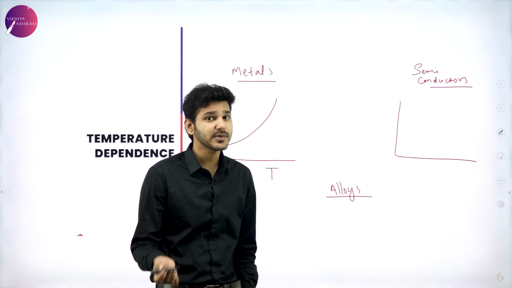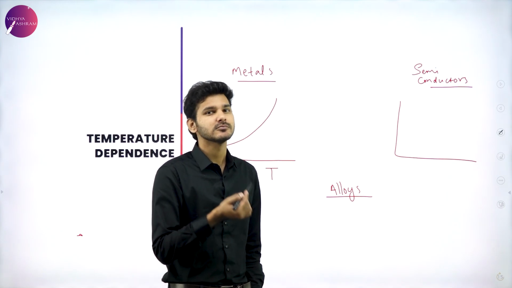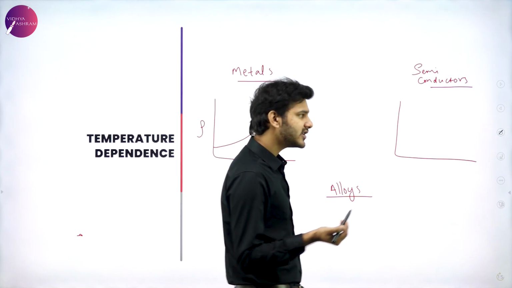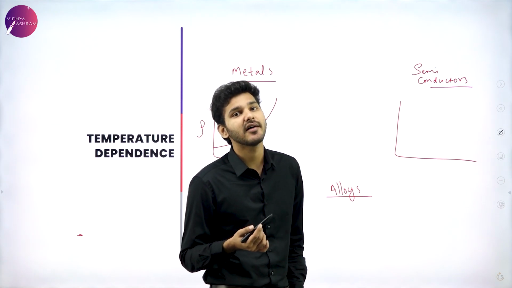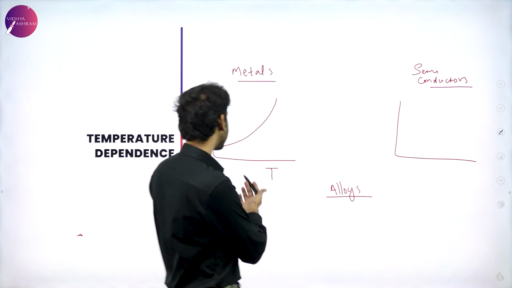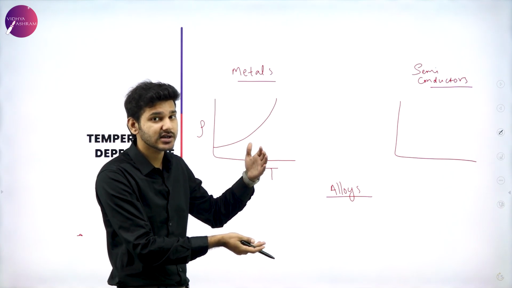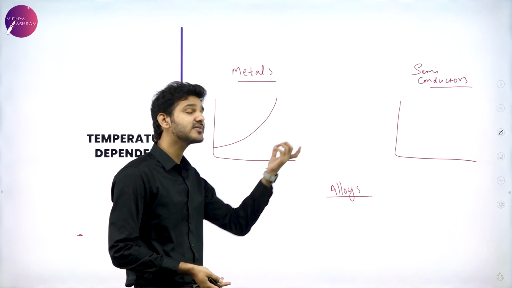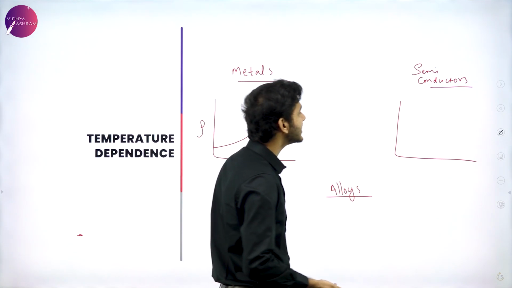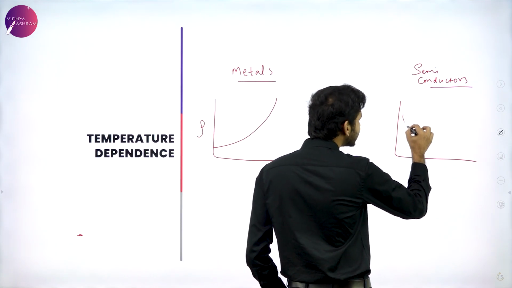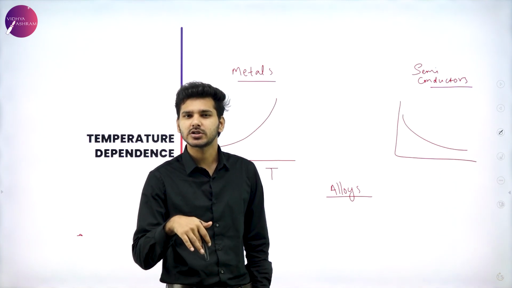But what about semiconducting materials? Will there also be an exponential increase? Not exactly, because we saw that at first semiconductors have a high amount of resistance compared to a metal, because they lie between insulators and conductors, which means the resistance of semiconductors will be comparatively high in the initial stage. But as I increase the temperature, it was clearly seen that the resistance actually dropped.